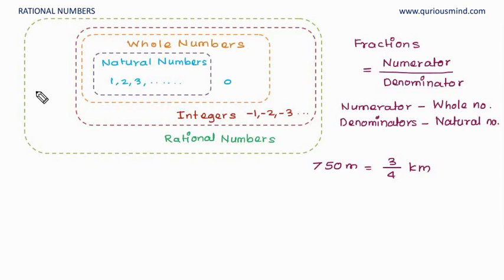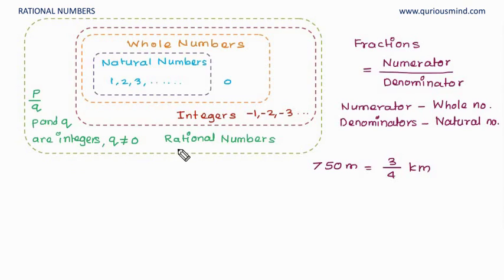And those numbers were shown in the form P upon Q. All the numbers which were shown in the form P upon Q, where P and Q are integers and Q is not equal to 0.